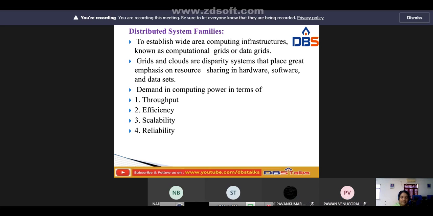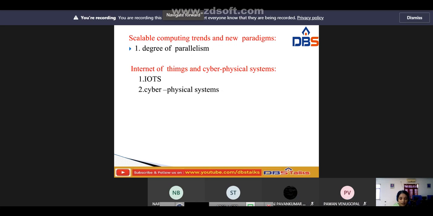Next, coming to scalable computing trends and new paradigms. In this we have one type, that is degrees of parallelism. Fifty years ago hardware was bulky and expensive, and most computers were designed in bit serial fashion. In this scenario, bit level parallelism, that is BLP, converts bit serial processing to word level processing gradually.